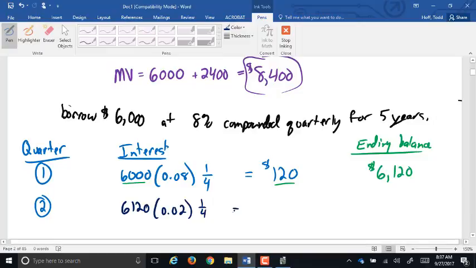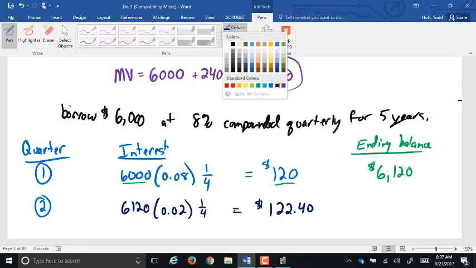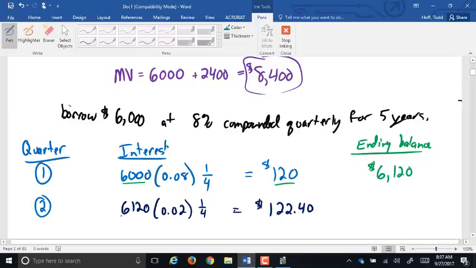If we multiply that out, what do we get for interest? $122.40. Does that sound right? Okay, thank you. So now we're going to add that to the 6,120. So it's $6,242.40 is our balance. And we'd start out the third quarter with that amount.